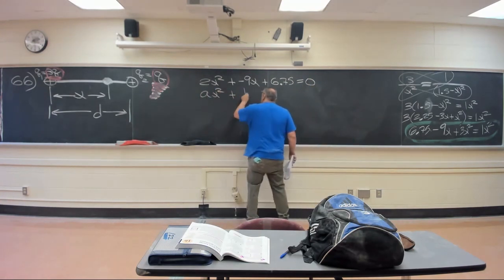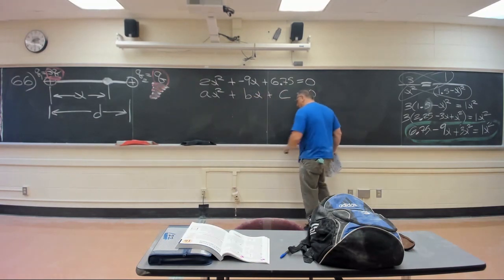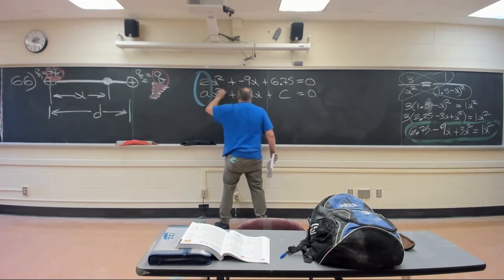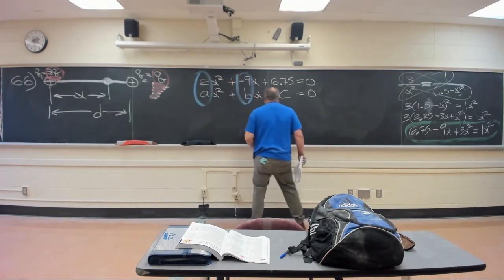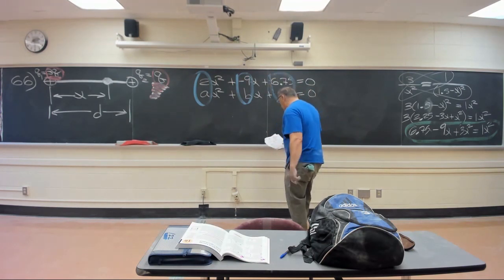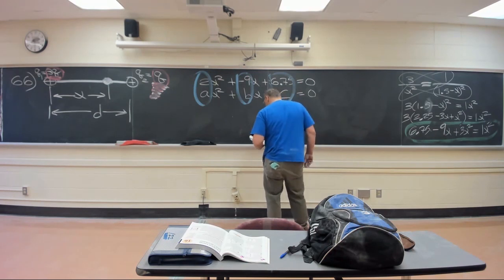Ax squared plus bx plus c equals 0. You know a is 2. You know b is negative 9. And you know c is that. Well, that's fine.